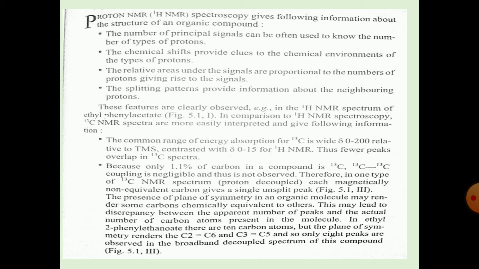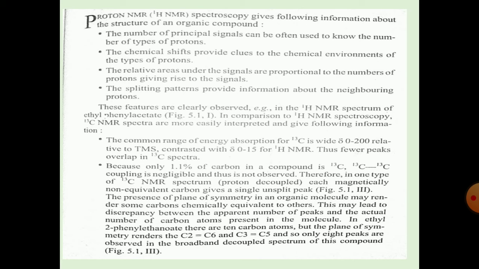In comparison to H1 NMR spectra, the C13 NMR spectra are more easily interpreted and give the following information. The first is that the common range of energy absorption for C13 is wide, delta 0 to 200 relative to TMS, compared with delta 0 to 15 for H1 NMR, and thus fewer peaks overlap in the C13 spectra.